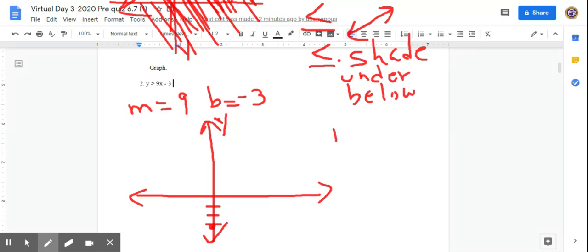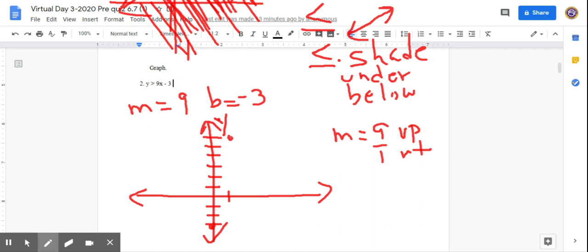Now our slope is 9, so that's 9 over 1. So we're going to go up and right, or down and left. So we're going to go up 1, 2, 3, 4, 5, 6, 7, 8, 9, and right 1. So we're going to put our point here.